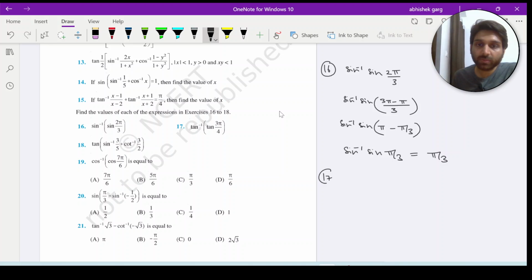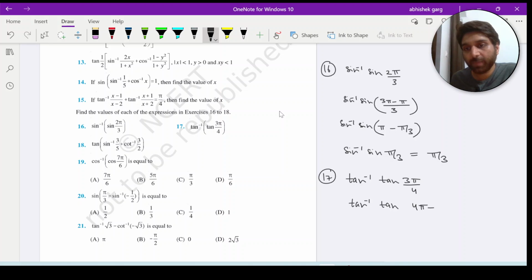Let's solve question number 17. It says tan inverse tan 3 pi by 4. First of all, let us check whether 3 pi by 4 lies in between minus pi by 2 and pi by 2. It does not. So we'll have to modify 3 pi by 4 until it lies in that range.